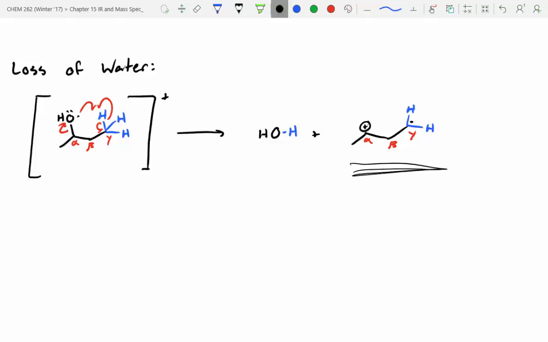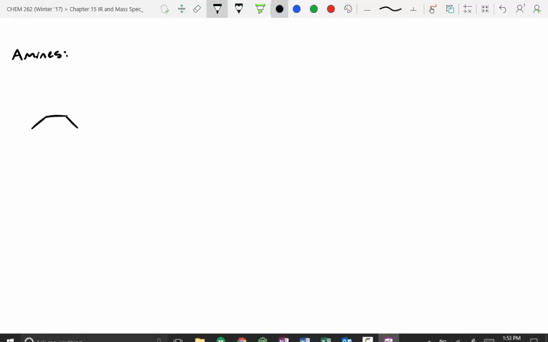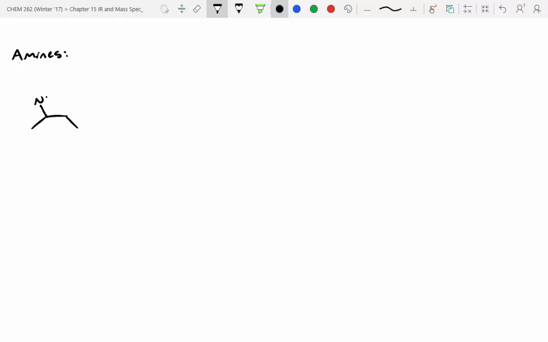Okay, so now let's go on to amines. Amines are pretty similar to alcohols, where you can kick off one of the lone pair electrons. So for example, let's draw our parent ion where this amine has lost one of those lone pairs.